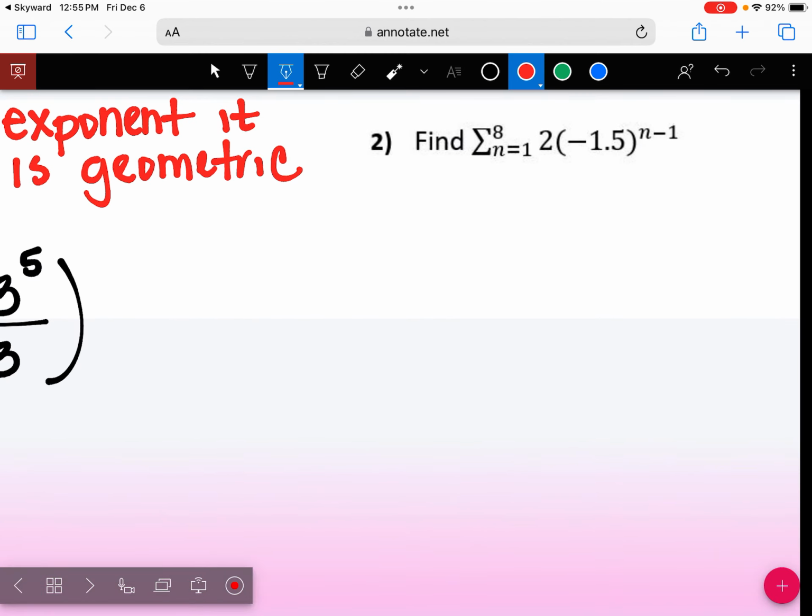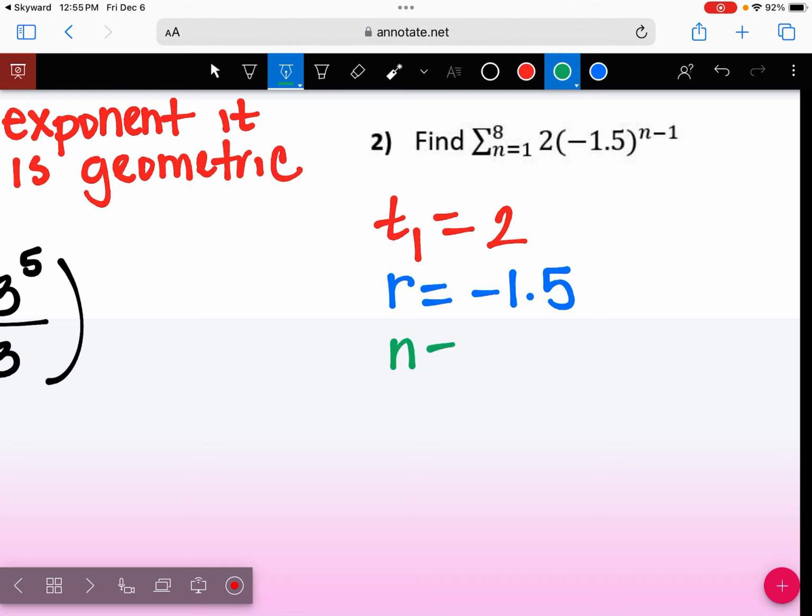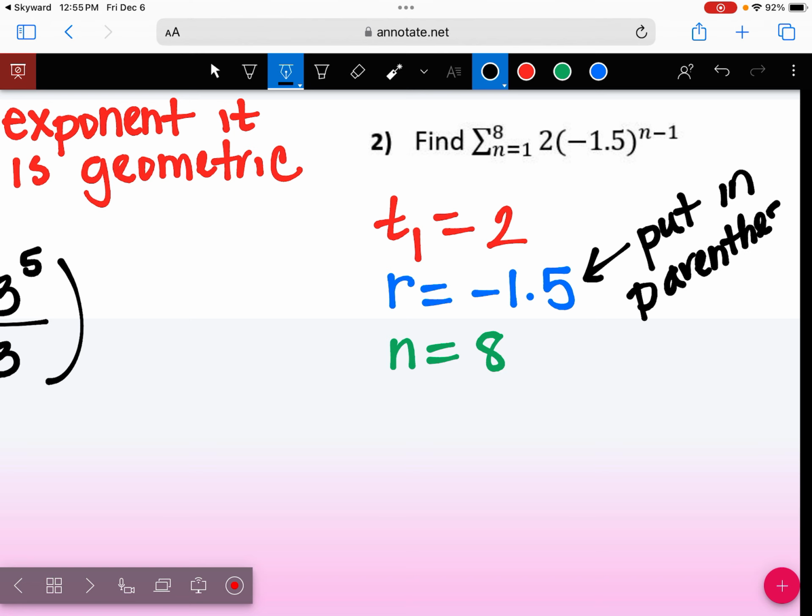All right, let's look at number 2. For number 2, again, it has an exponent, so I know it's geometric. T1 is the number in front of the parentheses, which is 2. The common ratio is negative 1.5. N is 8. Now, anytime R is negative, you have to put it in parentheses when you type it in the calculator. So you really want to take your time.